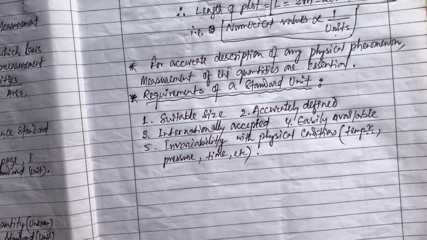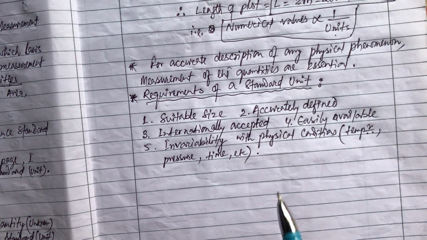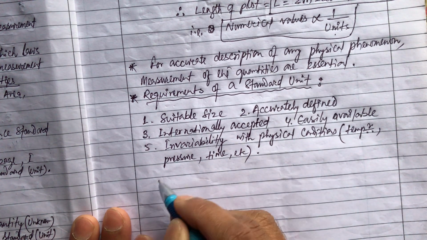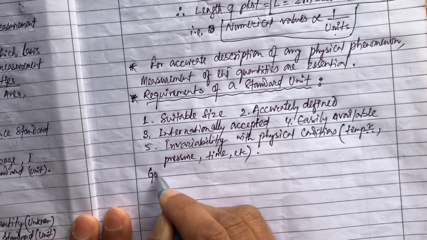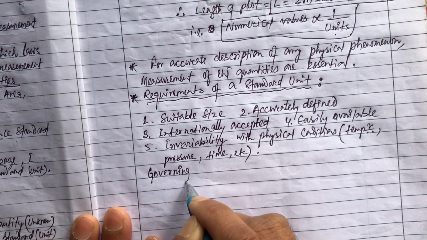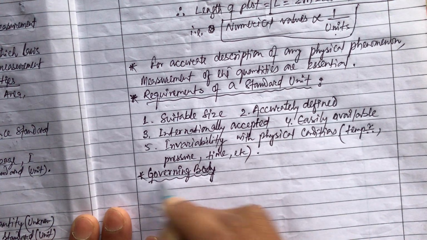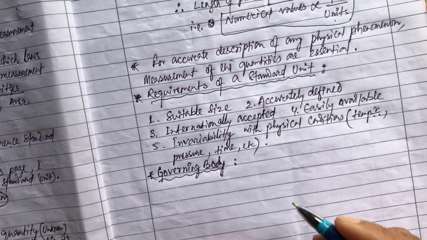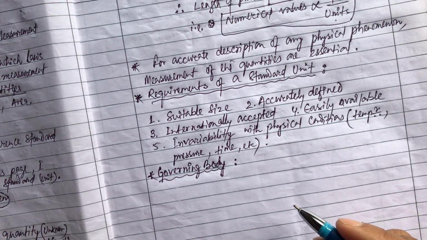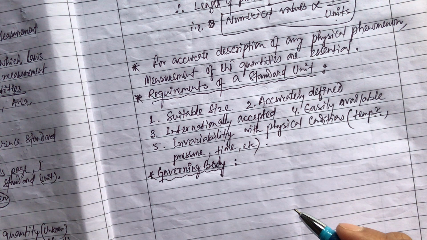Its headquarters is in France, and every country has its own weights and measures department. They have this particular organization or body. Let me write here, governing body. This governing body is an organization, an institution, it can be anything.